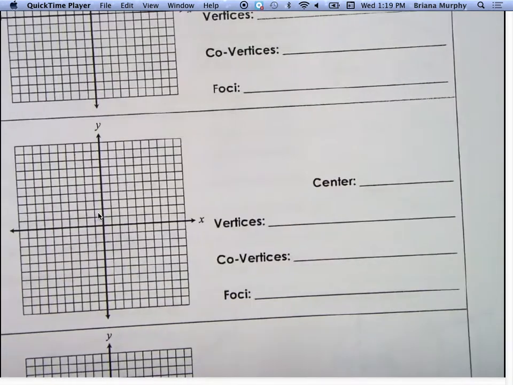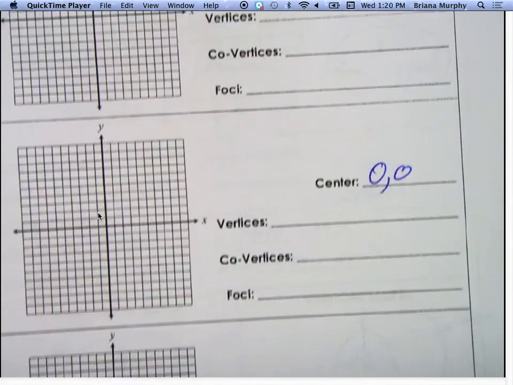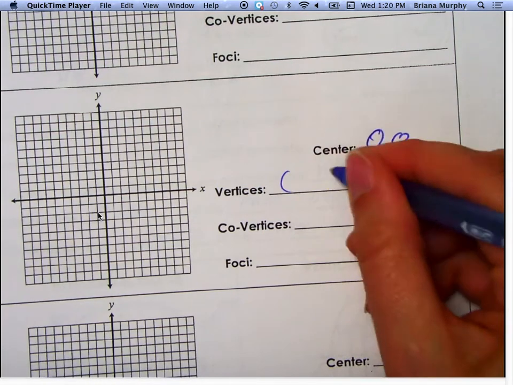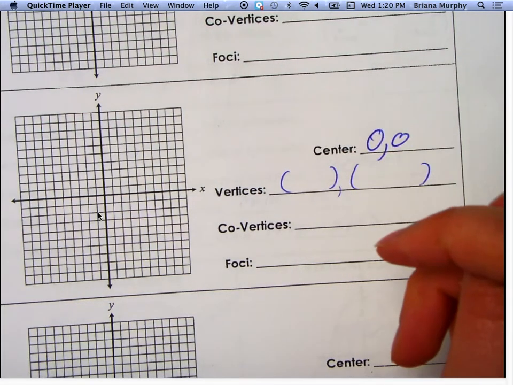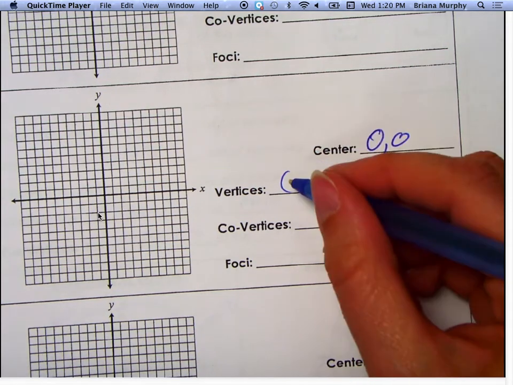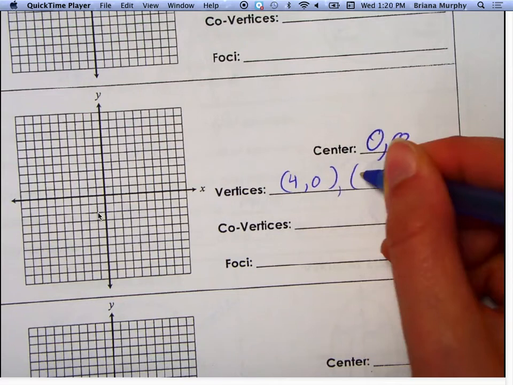So 0, 0. This makes it a lot easier, right? What are my vertices? Which one's bigger? The bigger number is underneath the x or the y? X. So my vertices are going to be 4, 0, and negative 4, 0, right?